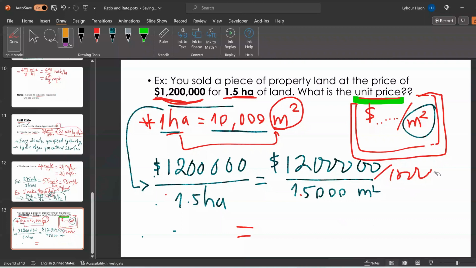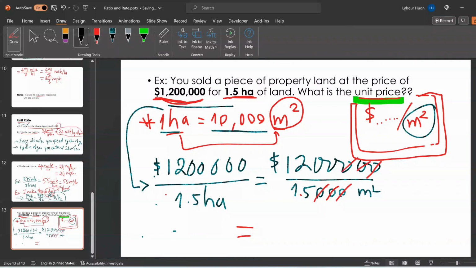Now let's divide 1.2 million by 15,000. Can we get rid of the zeros? Yes. The denominator has three zeros, so we cut three zeros, and the numerator cuts three zeros too.